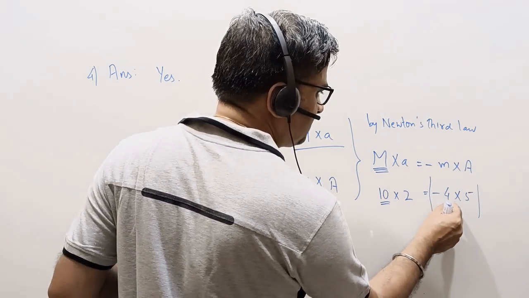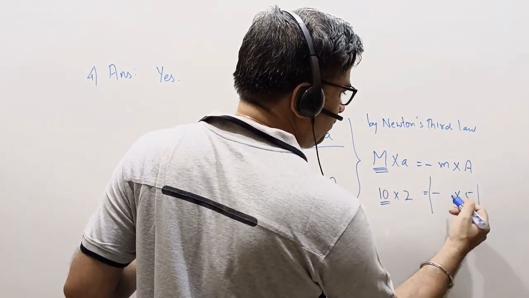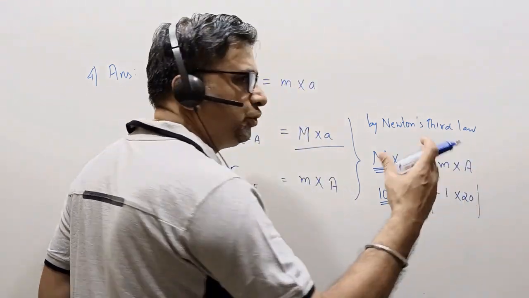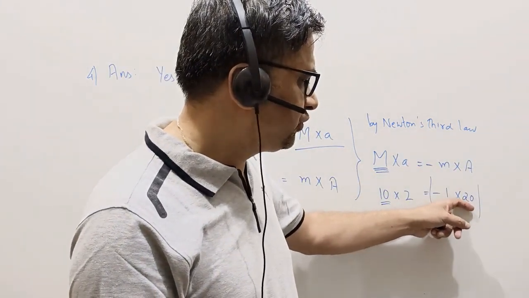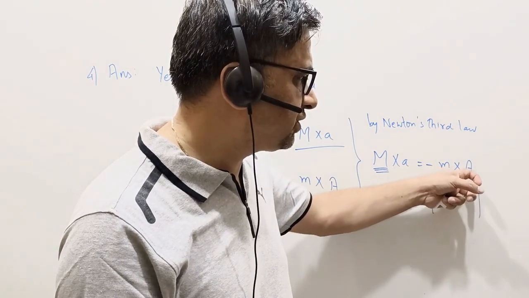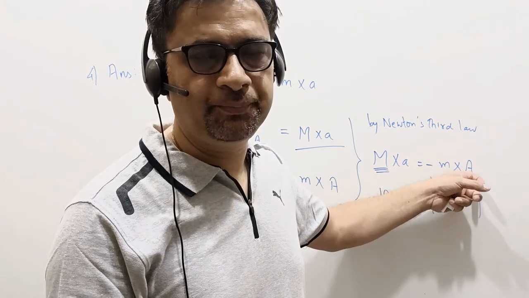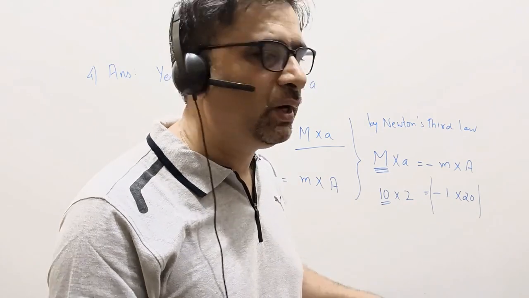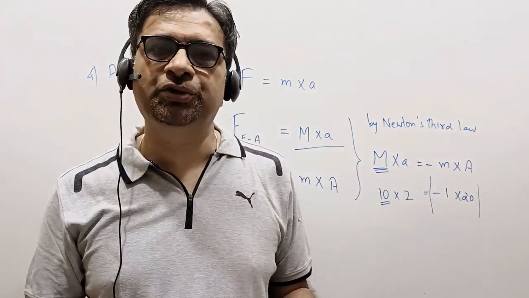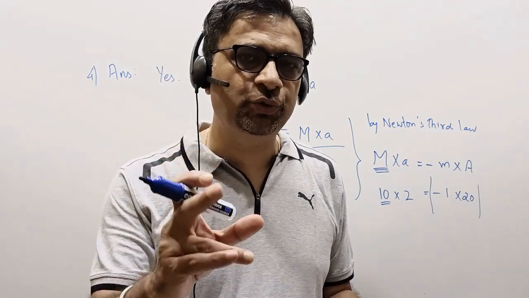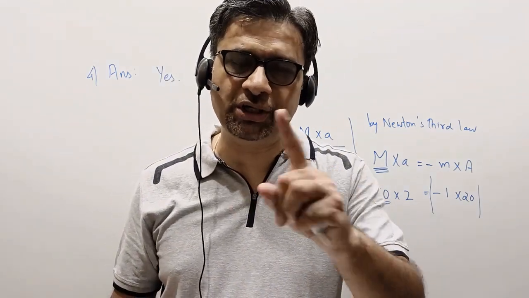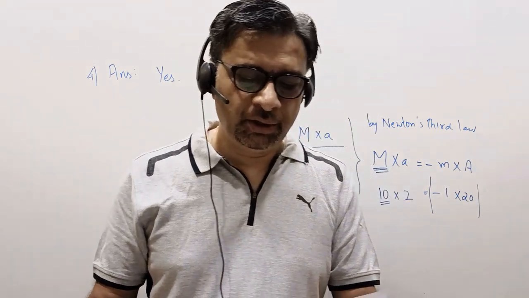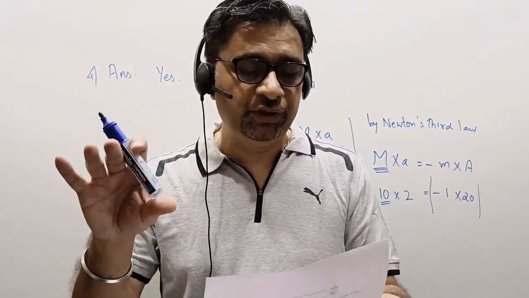On the other hand, if the mass is small, or let's make it even smaller, if the mass is very small, 1, then the acceleration will have to be huge, 20, to make this product 20. In other words, a is huge compared to that of the earth, and that's the reason why we see the apple falling on the earth and not the other way around, even though the force exerted by the two on each other is equal.